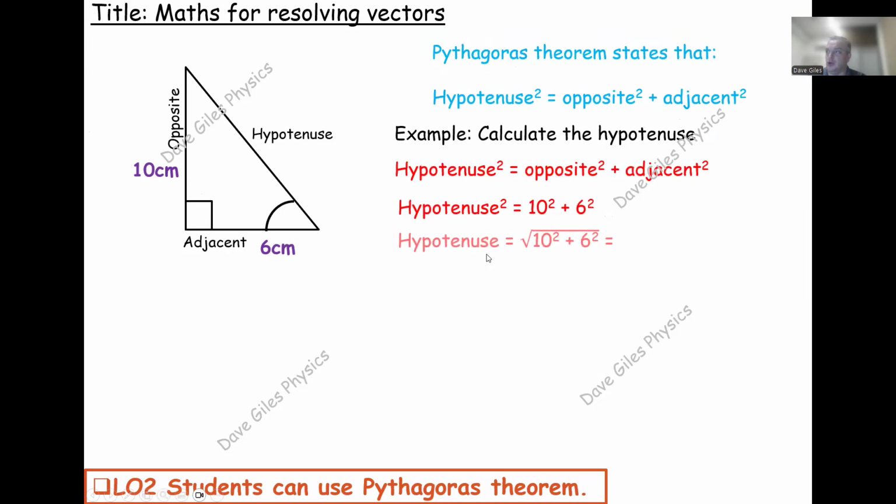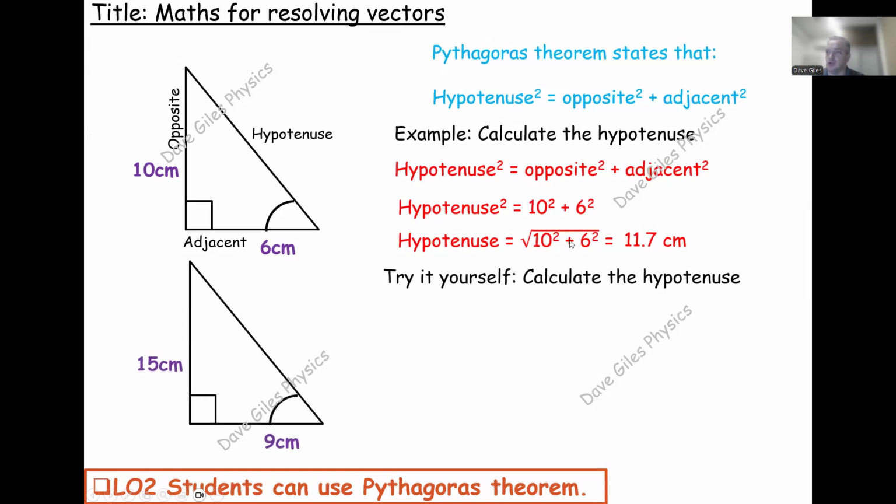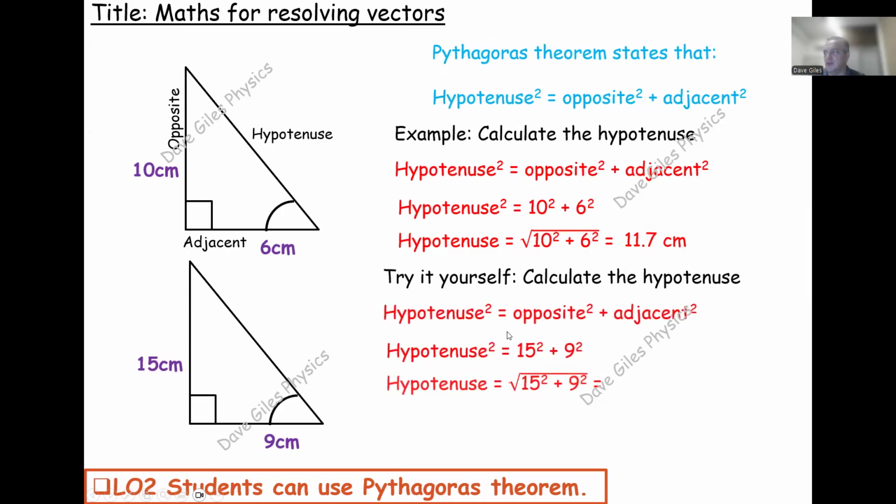Now I've square rooted both sides, so the hypotenuse is the square root of 10 squared plus 6 squared, which gives me 11.7 centimeters. A quick one for you to try yourself there. Same working out, same methodology, and you should get 17.5 centimeters.